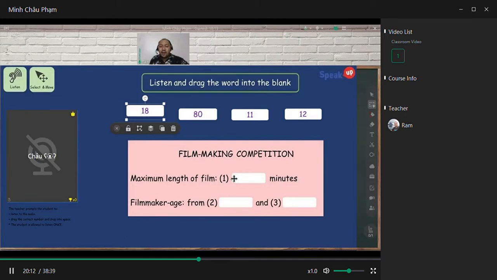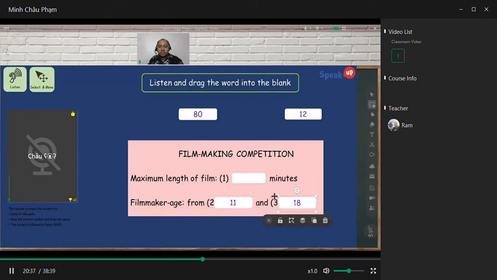That's why I always mentioned earlier that it is very important that you listen carefully on the first instance, since I'll only be able to play it once. But either way, can you make a guess? I think number two is 11 and number three is 18. All right, good job.